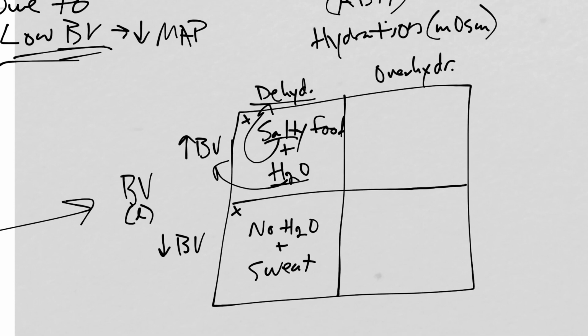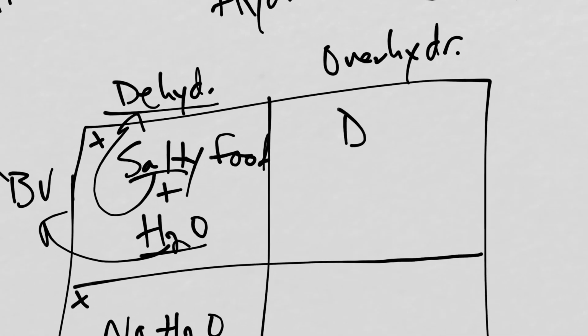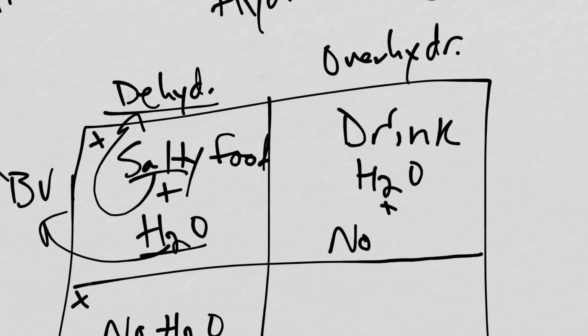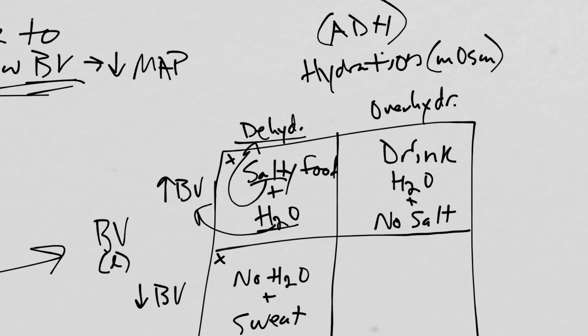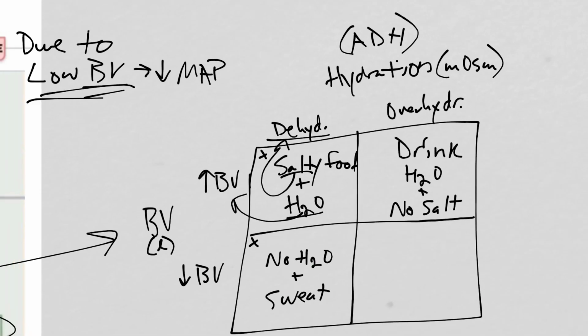High blood volume overhydrated, this is if you just drink a bunch of water but don't have any or at least much salt. Again, the no salt part plus the water is making you overhydrated because you've got too much water relative to your salts. And again, the water is increasing your blood volume.